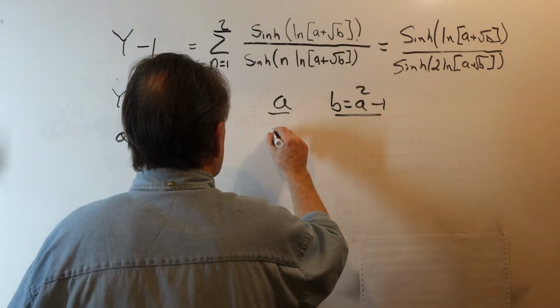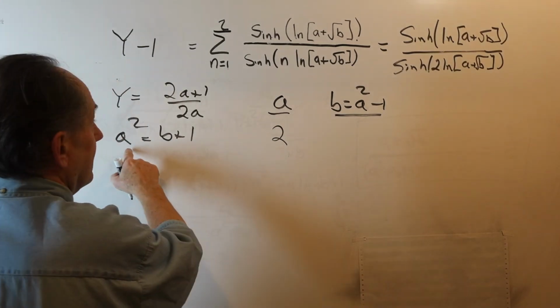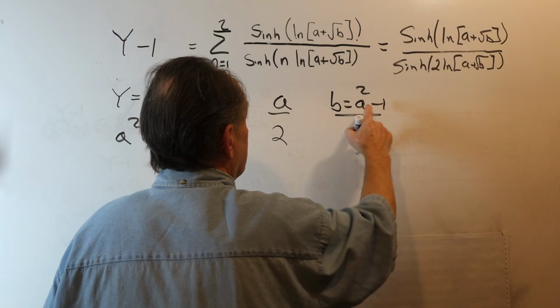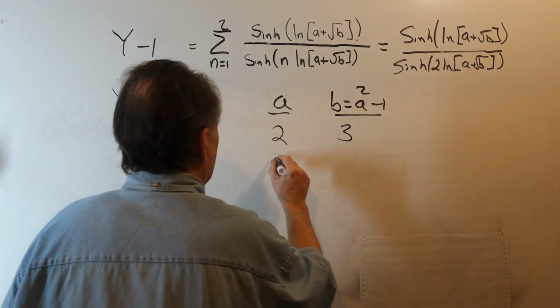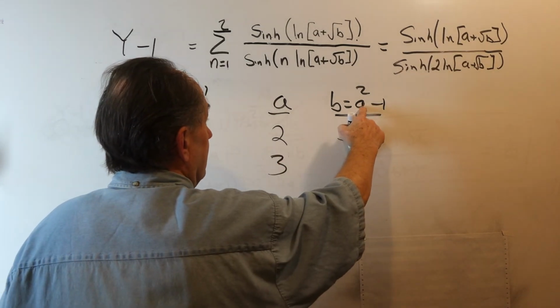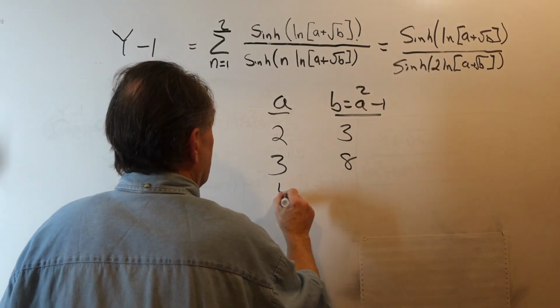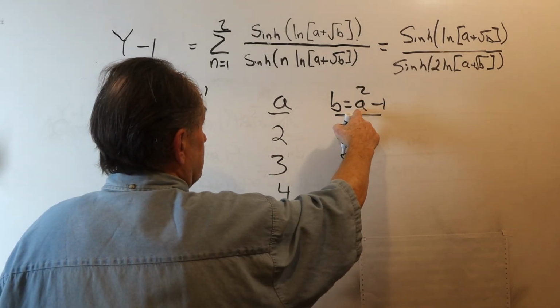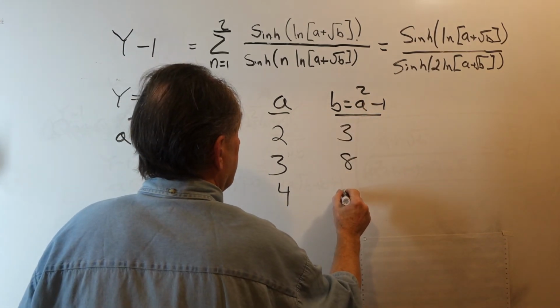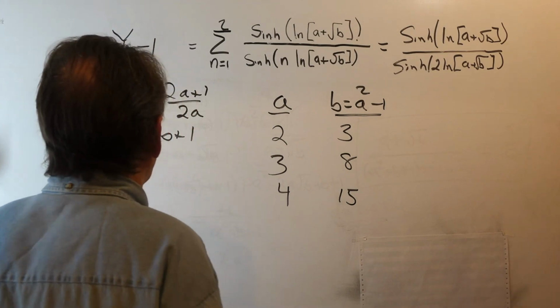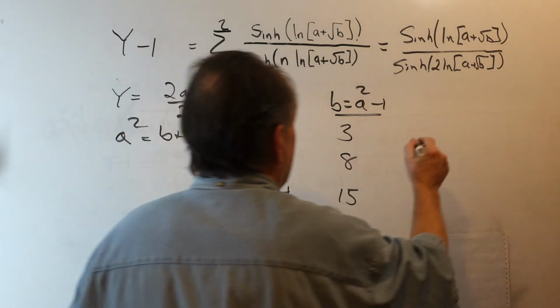So if a is equal to 2, then what is b? b is a squared, or 4 minus 1, or 3. If a is 3, then a squared is 9, minus 1 is 8. 4 gives us 16 minus 1, or 15, and so on. Now, what is y?